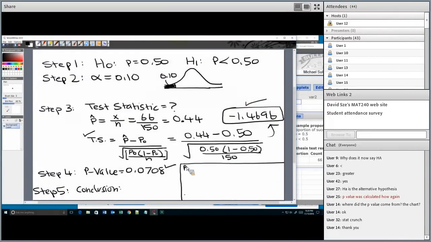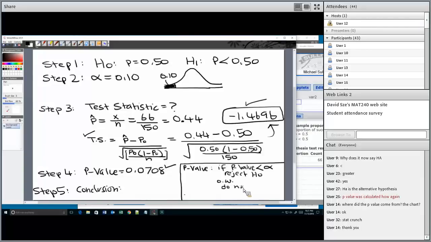All right, here's how you're going to do it. The p-value approach. If the p-value is less than alpha, then you reject the null hypothesis.